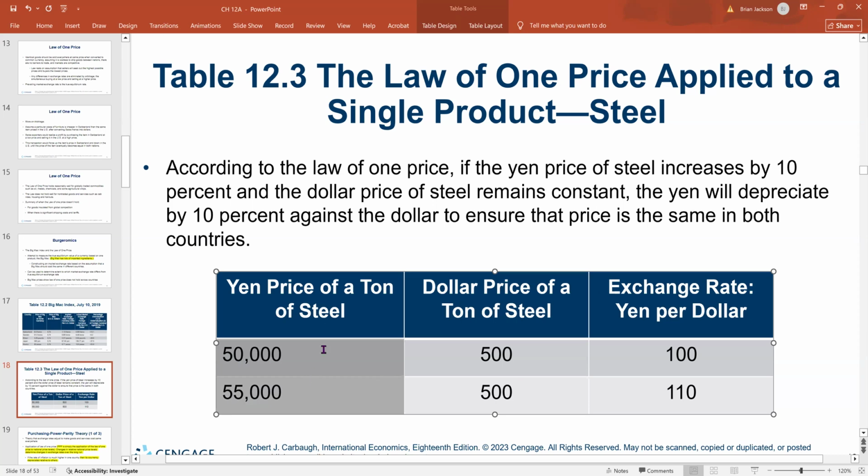You have an increase in prices in Japan over time, but not in the United States. What that means is that the country experiencing the higher inflation is going to see its currency depreciate. So the yen depreciates with respect to the dollar because there's inflation in Japan.